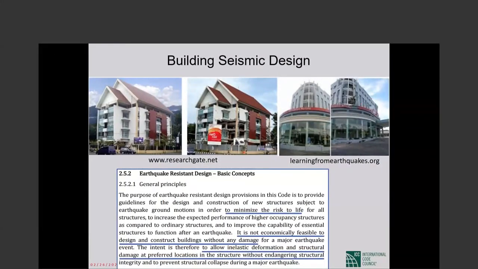There are lots of damages in the elements, and most probably this building will be demolished after this earthquake. This one maybe can be taken care of with some retrofitting, but anyhow, these are the buildings that we, as a structural expert, give to our clients.